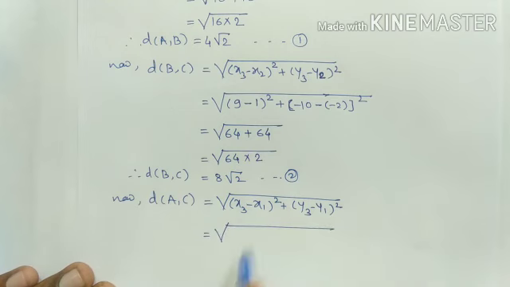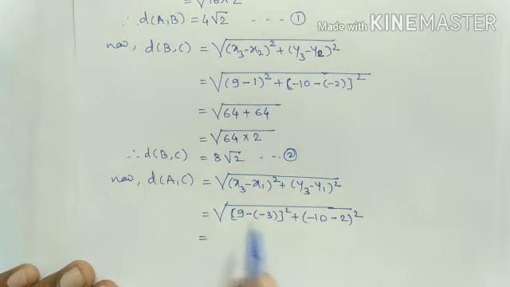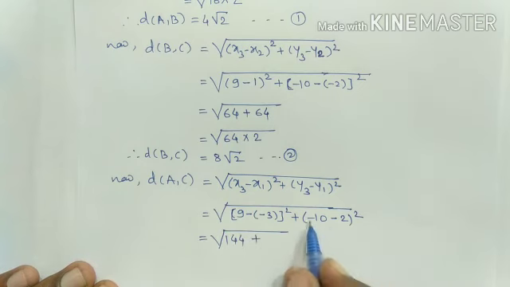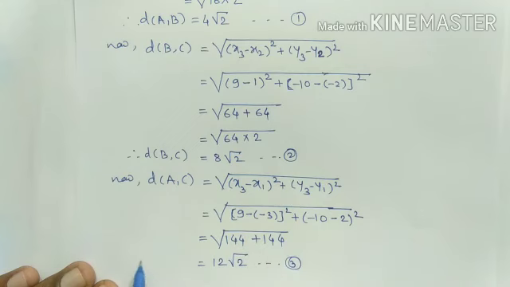Here x3 equals 9 minus x1 minus 3 bracket square plus y3 it is -10, y1 it is 2, this bracket square, it equals 9 plus 3 is 12 square, that is 144 plus -10 minus 2 it is -12 bracket square, this plus 144 equals 12 root 2 याला द्या नंबर 3. Therefore distance AC equals 12√2.